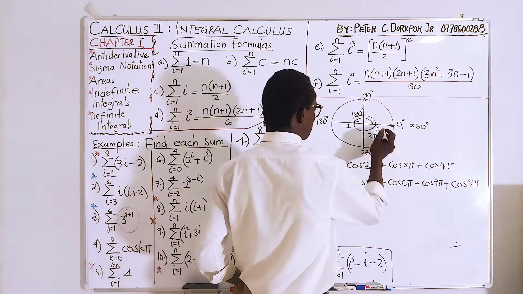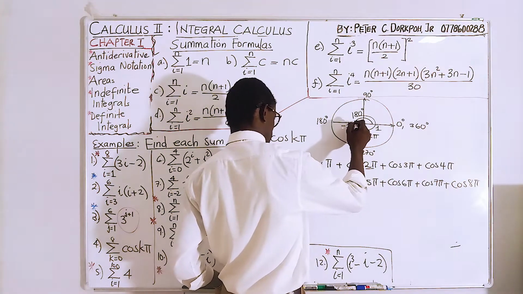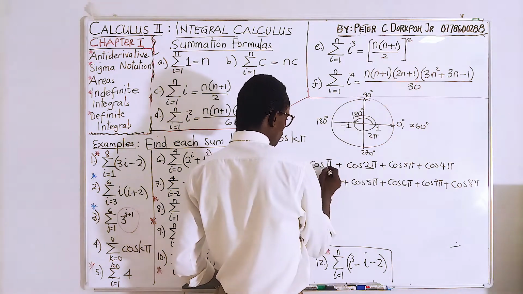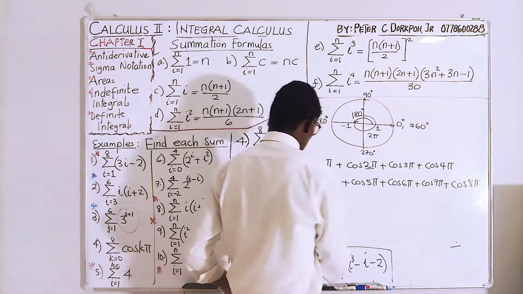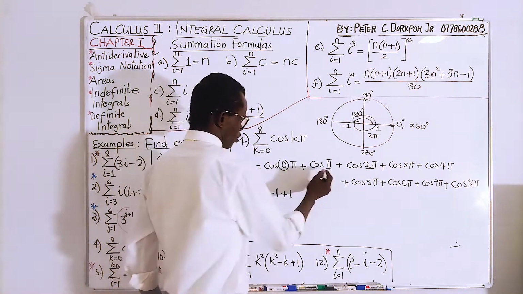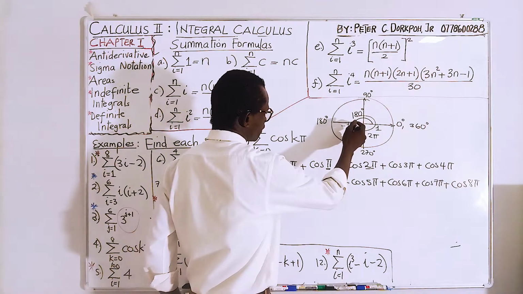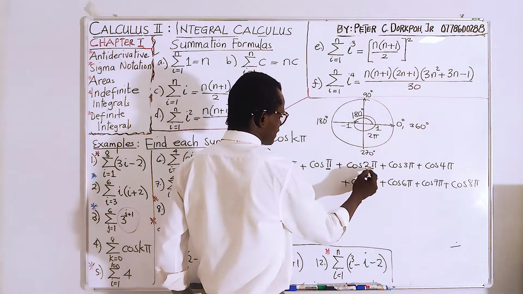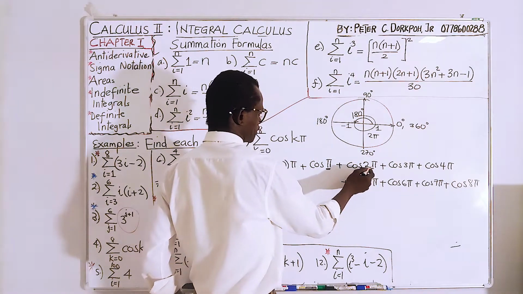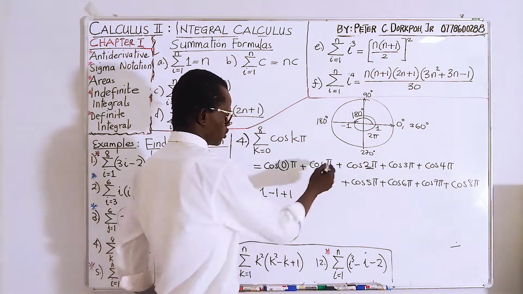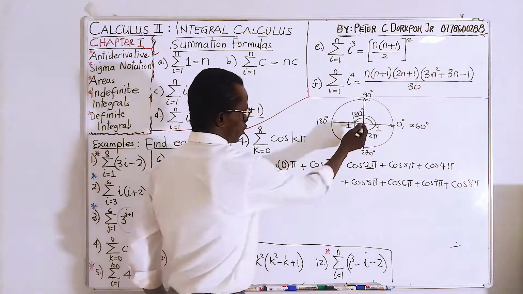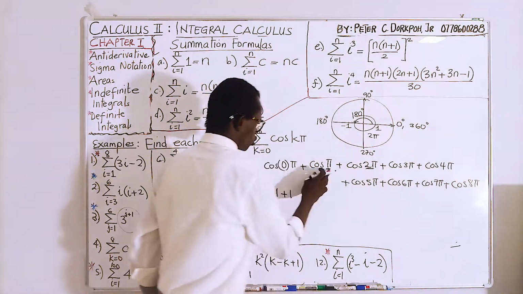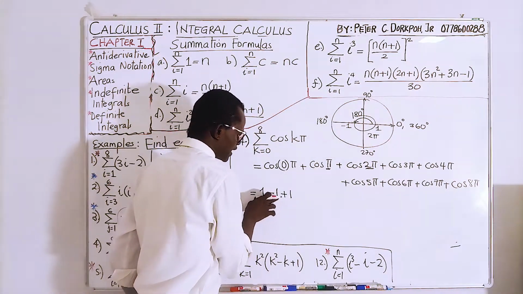Cos of 3π. 3π falls right here, right? So when the coefficient is odd, cos of π gives us negative. When the coefficient is even, it gives us positive, right? So cos of π is negative.